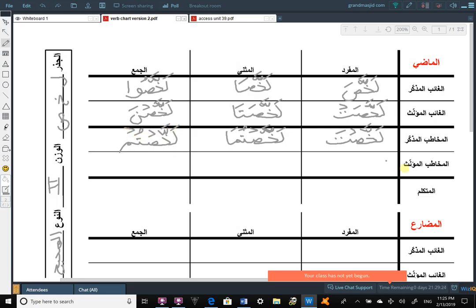And then anti, you to a female, lakhasti. And then lakhastuma, the same as above. And then antunna, you 3 or more females, lakhastunna.